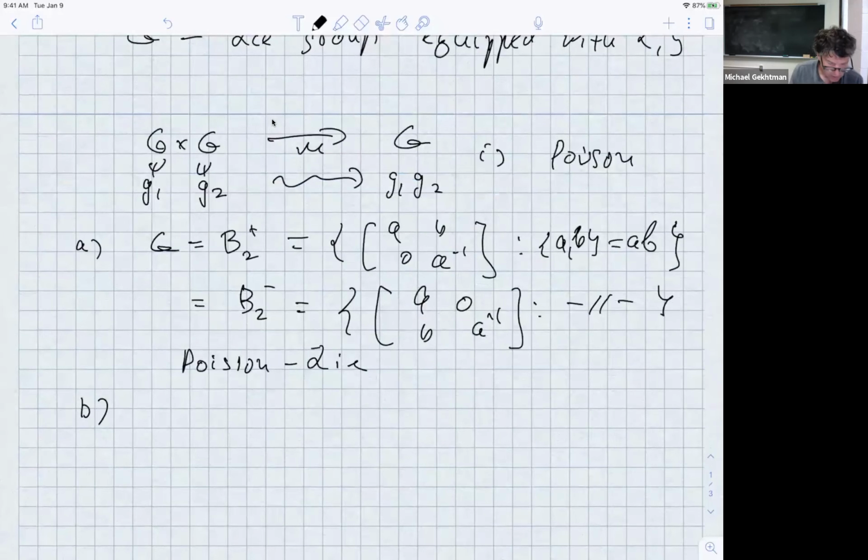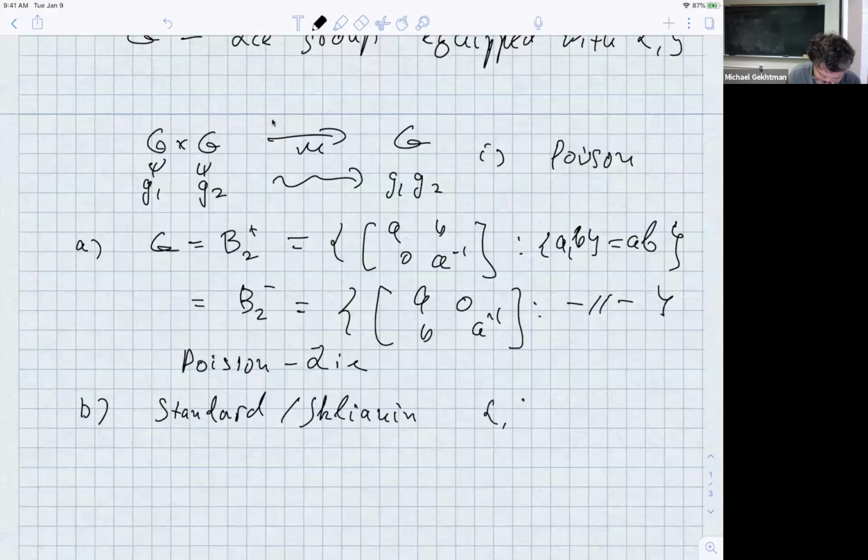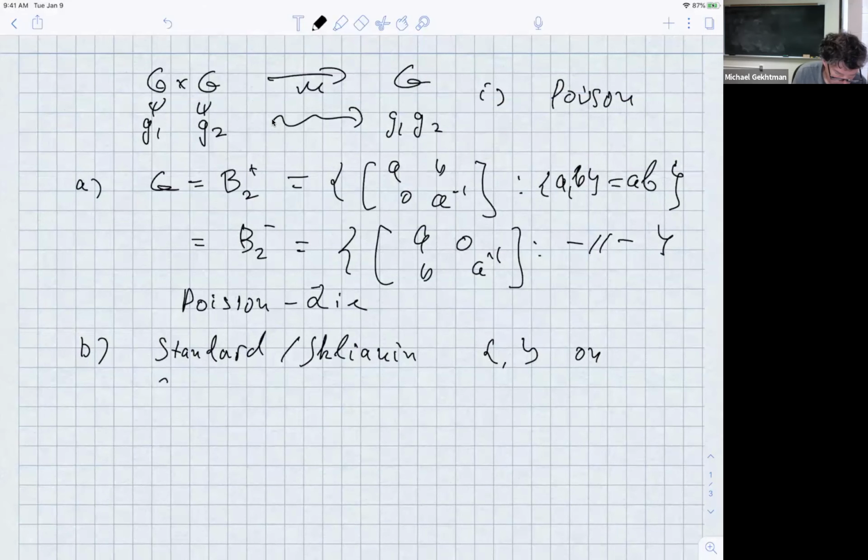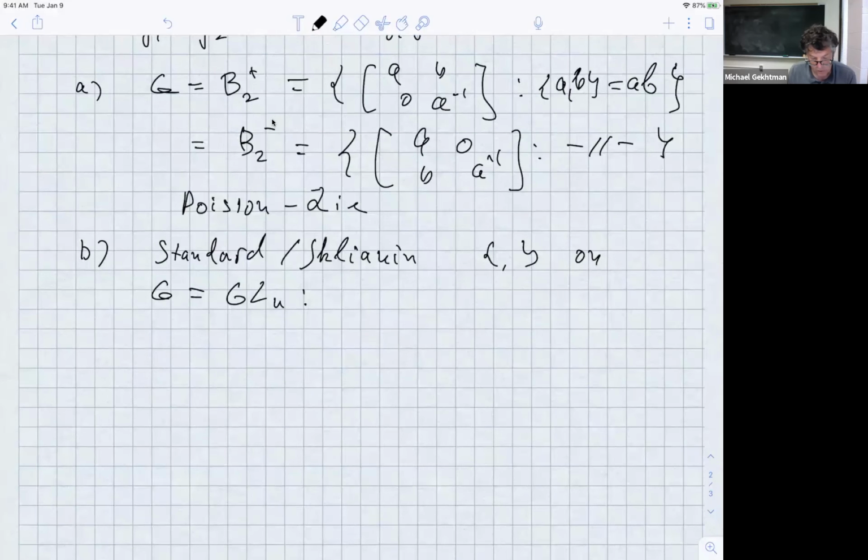All right, this is the simplest Poisson-Lie group, but of course, there are much more complicated ones. The next one in complexity, which is not like this at all, at least not in standard coordinates, is what's called the standard Sklyanin Poisson bracket on, let me use for now, G equal to GLn. There are several descriptions of it, so you can write it in formulas.